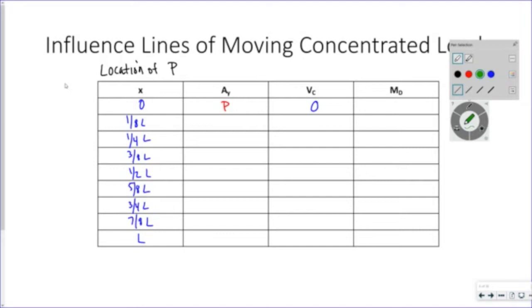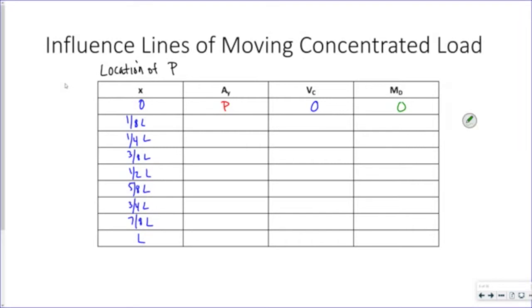And my moment at D is 0. Right? That was a pretty simple one. And it probably means you can figure out the answer down at L as well. But let's keep going for the sake of fun.